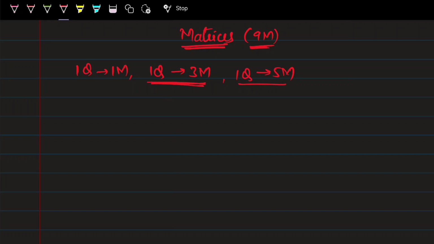And we have seen another theorem that if A and B are symmetric matrices, then AB is symmetric if and only if A and B commute with each other. That is AB equal to BA. And we have seen other theorems as well, that is B transpose AB is symmetric and skew symmetric according as A is symmetric or skew symmetric. We have seen that theorem as well.